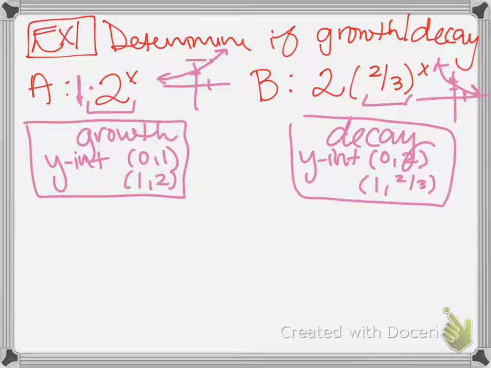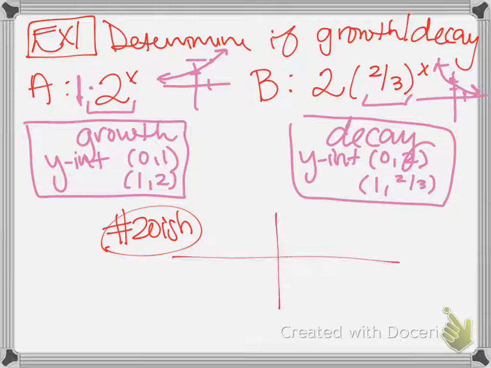Now, there is a problem on there that's, I think, number 20 in your textbook, so I'm going to say 20-ish. I don't really remember what number it is. And what they do is they give you the graph, essentially.